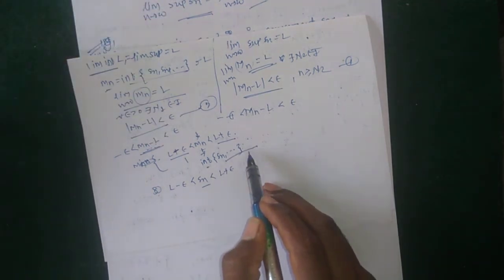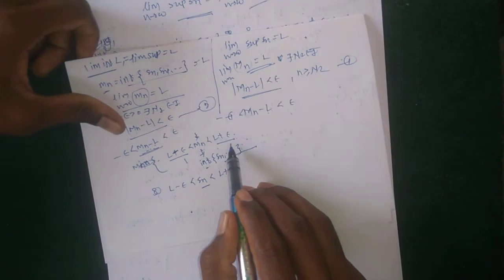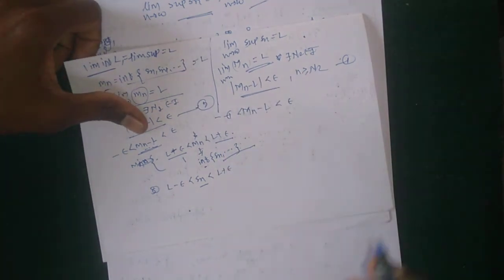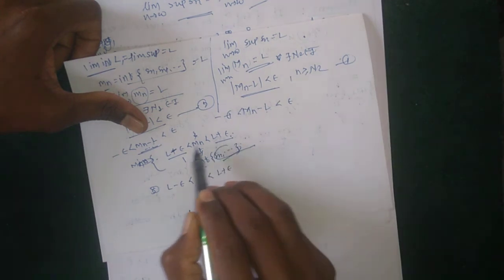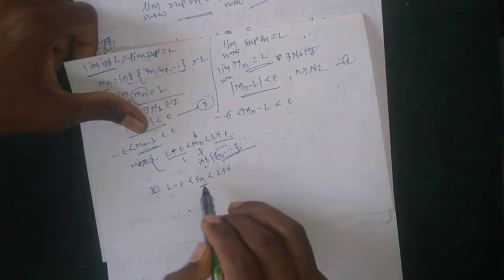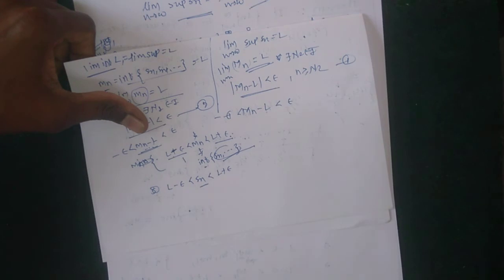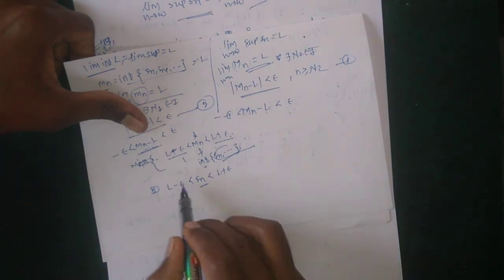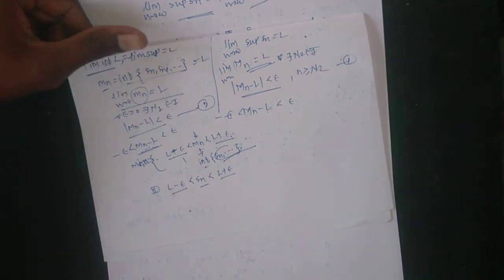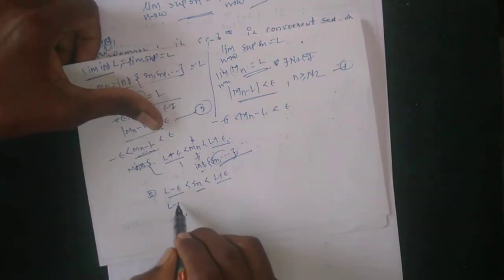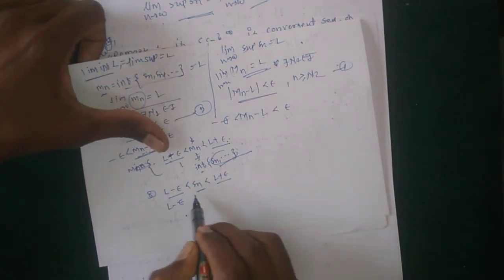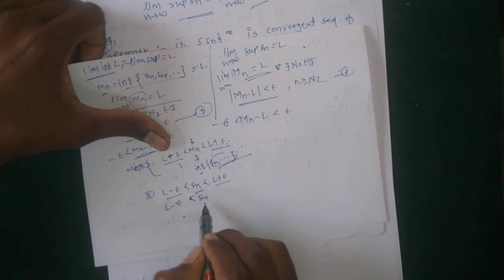Mn is the infimum of all terms, so all terms of Sn+1 and so on lie between L minus epsilon and L plus epsilon. Therefore Sn, being one term of the given sequence, also lies between L minus epsilon and L plus epsilon. So L minus epsilon is less than Sn.